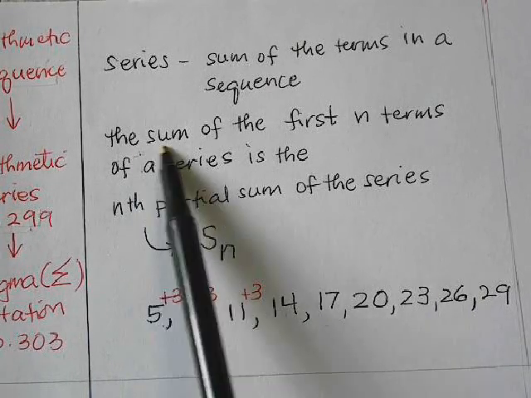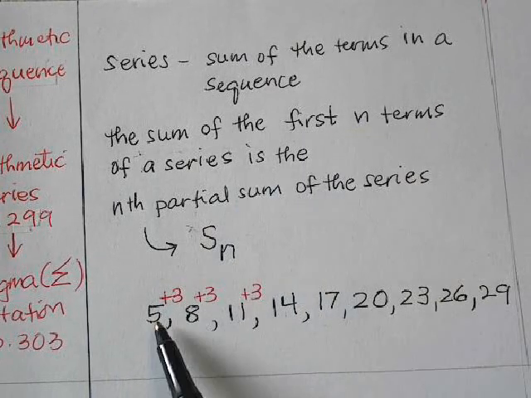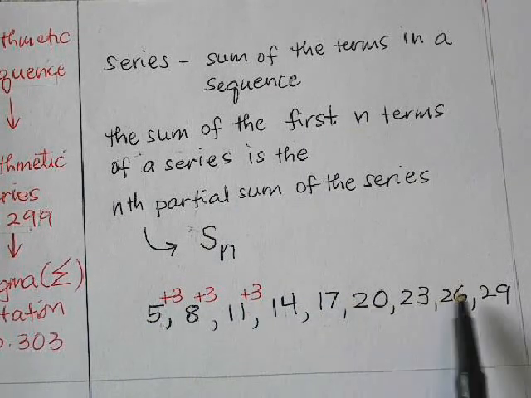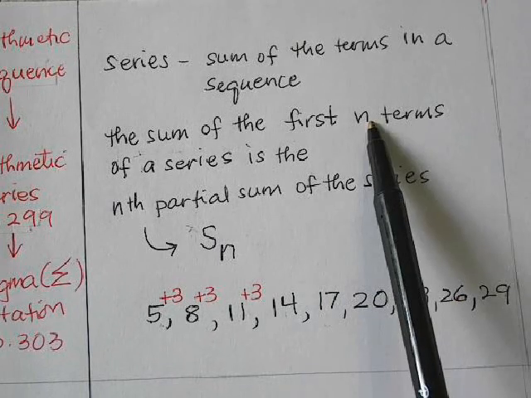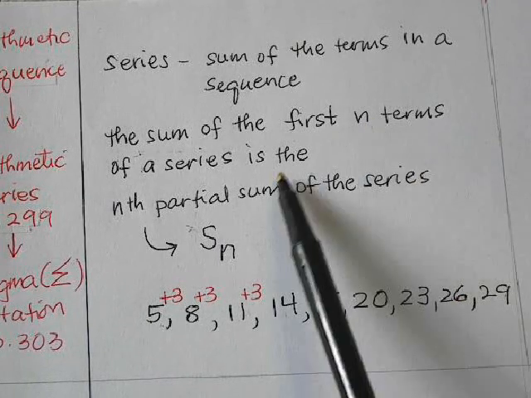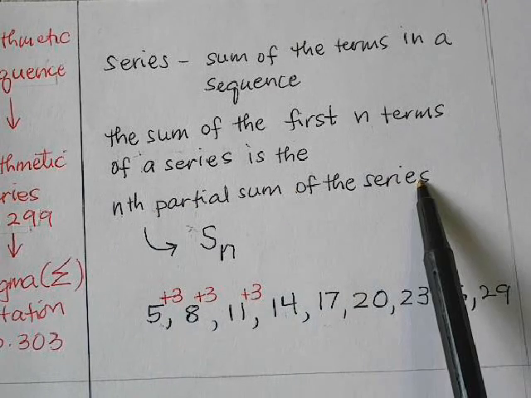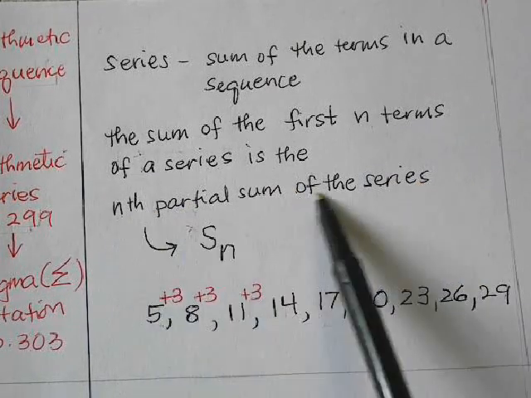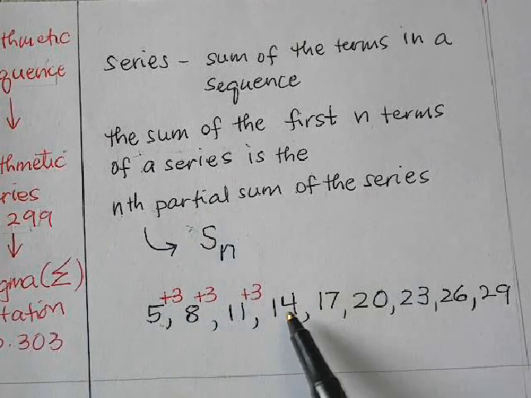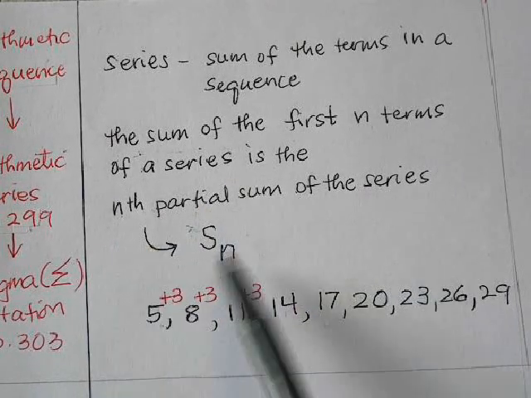The sum of the first n terms here: 1, 2, 3, 4, 5, 6, 7, 8, 9 terms. So your n is 9. That is called the ninth partial sum of the series. It's only partial because you can continue this.